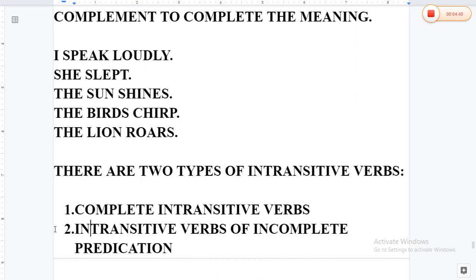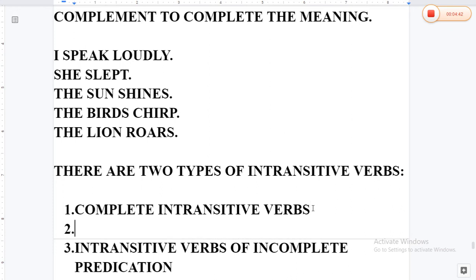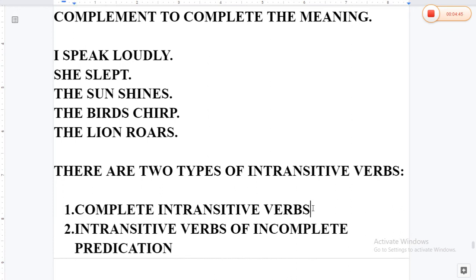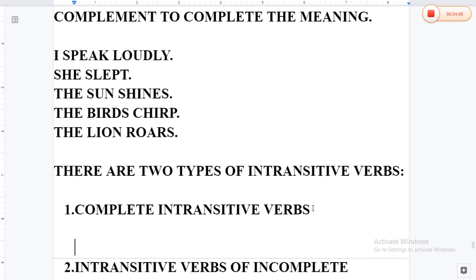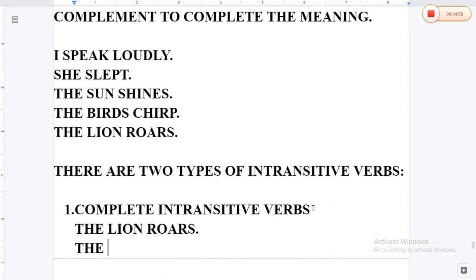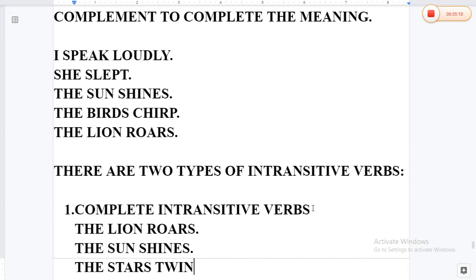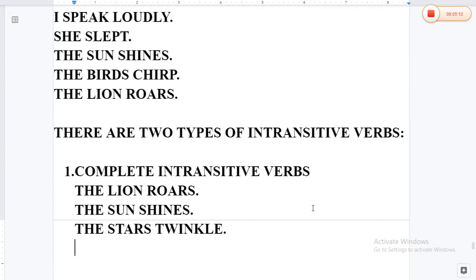Let's see examples of the first kind of verbs. The lion roars. The sun shines. The stars twinkle. She runs.